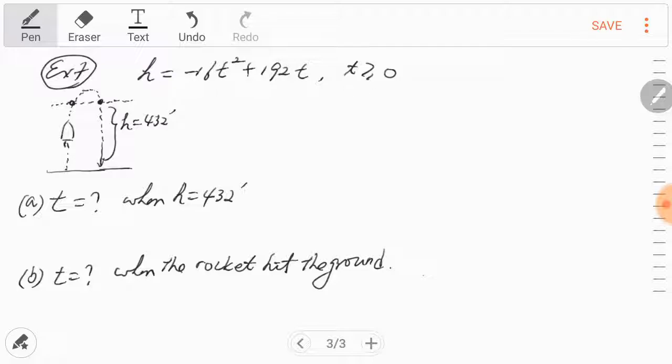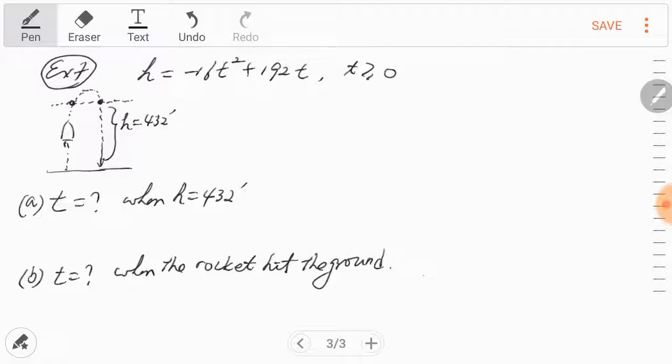So obviously t is greater than or equal to 0, time is in seconds, and height is in feet. The first question is, how long will it take when the height of the rocket will be 432 feet?